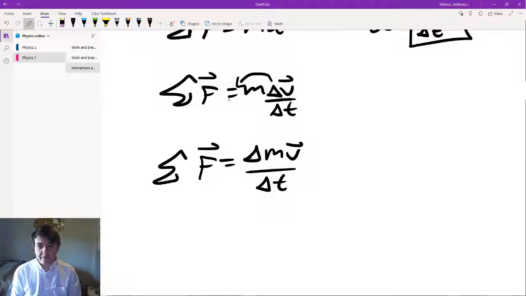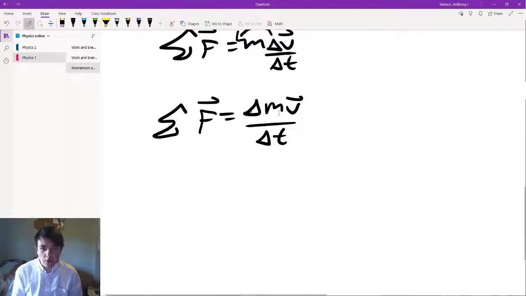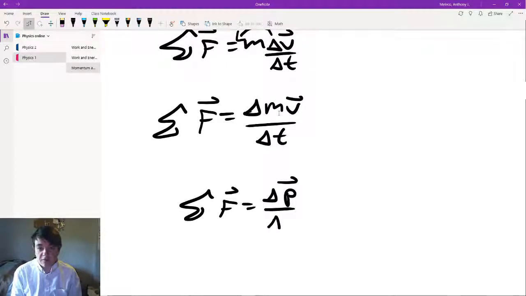So now we have this written, okay? And if you remember, mass times velocity is literally momentum. So now we can write Newton's second law in terms of momentum.